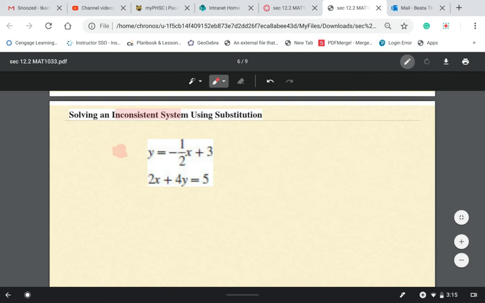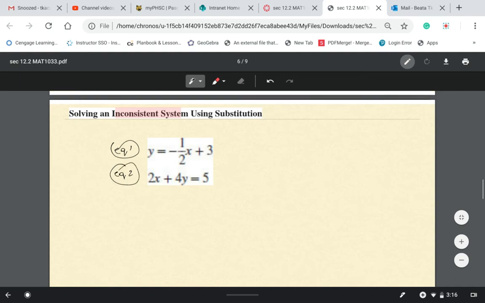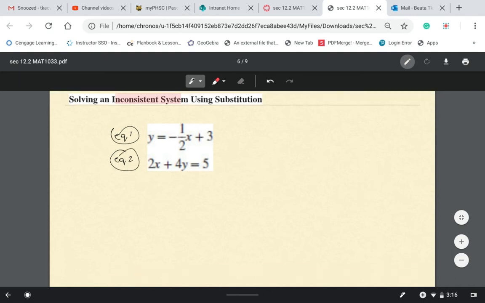So the same thing as I did before. I'm going to label both equations. The first one is equation 1. The second one is equation 2. So since equation 1 has been solved for y, we already know that y is equal negative 1 half x plus 3.